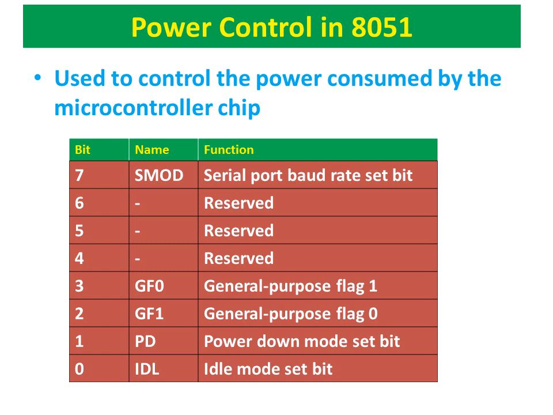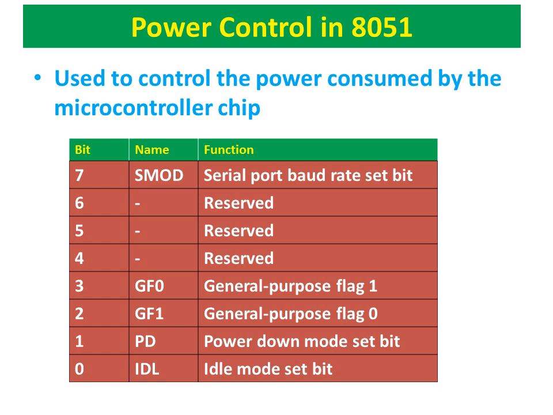Next, the second and third bits are general purpose flag bits, and the seventh bit is the modification bit, indicating SMOD. Port 3 has one bit given for serial data transmission.